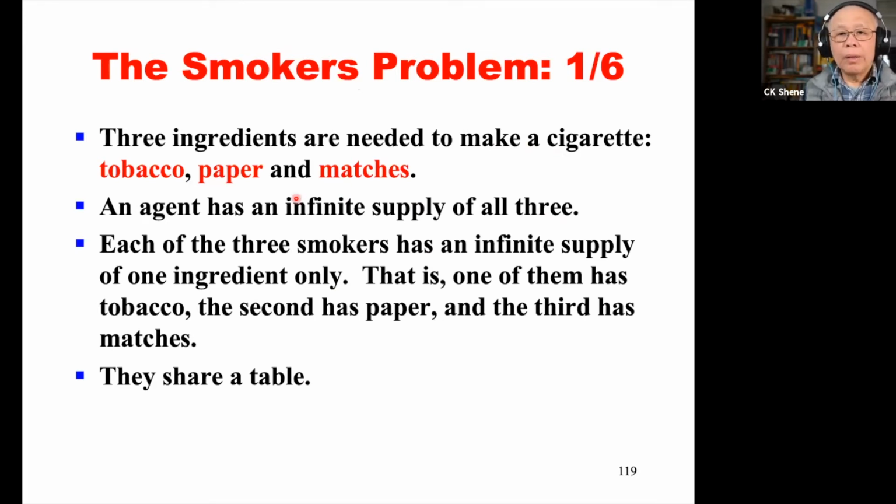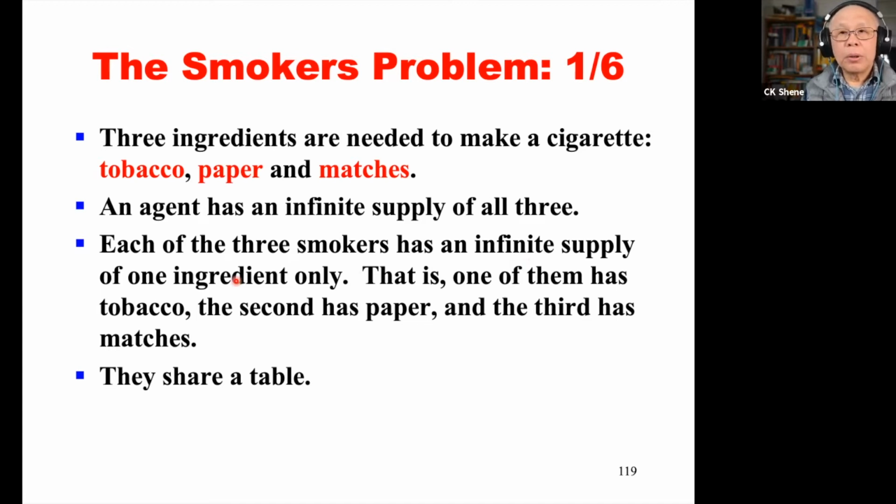Now, an agent has an infinite supply of all 3. And we also have 3 smokers, but each smoker has only an infinite supply of 1 ingredient.